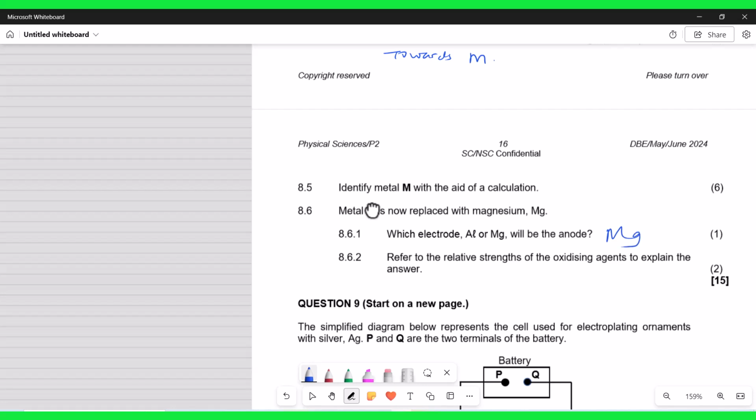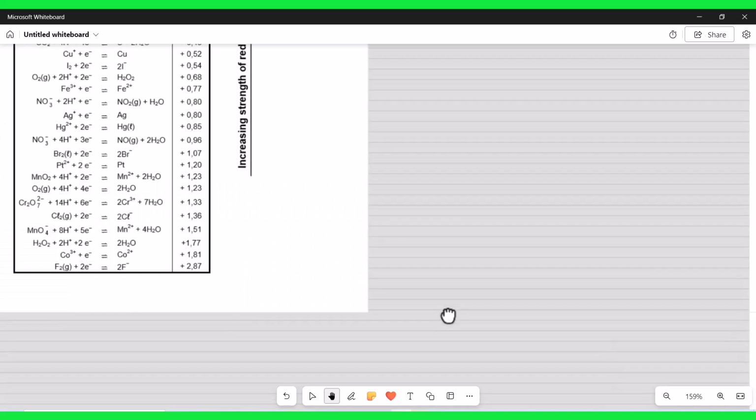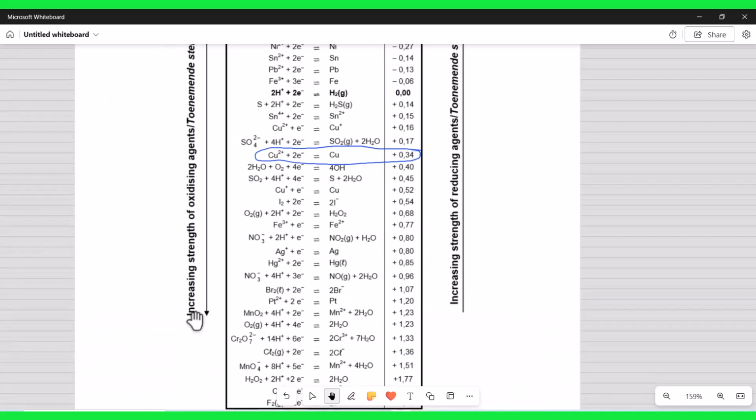Then they say refer to the relative strength of the oxidizing agent to explain your answer. Now check this out. They say refer to the strength of oxidizing agents. So when I want to answer this one, I must look at the side of oxidizing agents. Let's check it out now. Compare magnesium and aluminium. Now this side we have increasing strength of oxidizing agents.